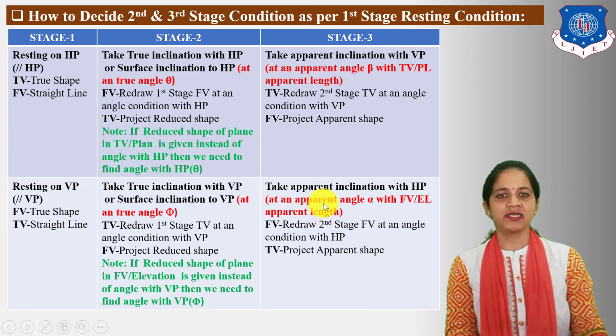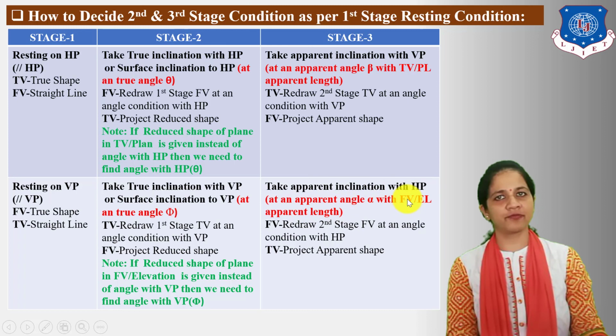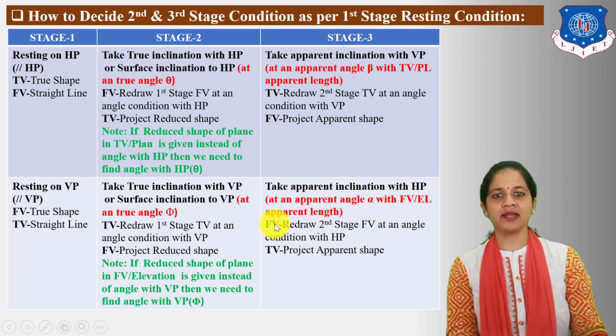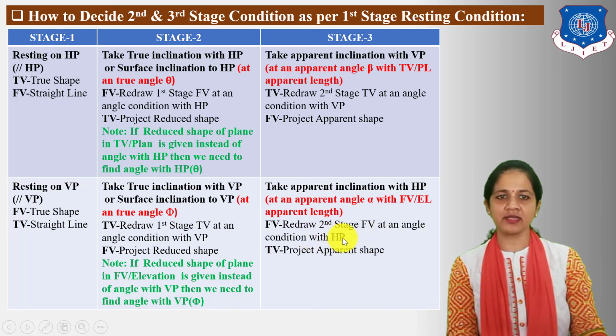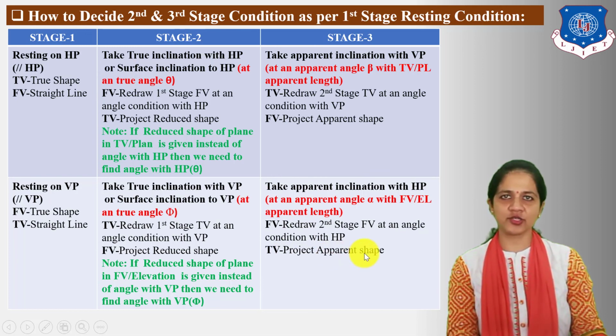In the third stage, take the apparent inclination with HP at an apparent angle alpha with the front view or elevation apparent length. Here in the front view, redraw the second stage front view reduced shape at an angle condition with HP, and in the top view project the apparent shape.